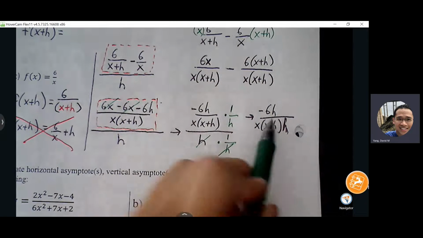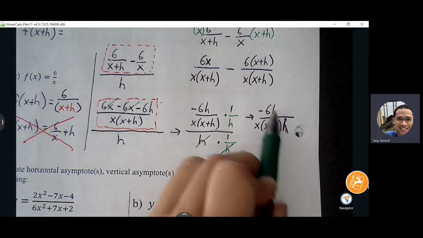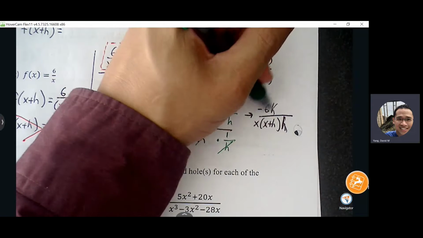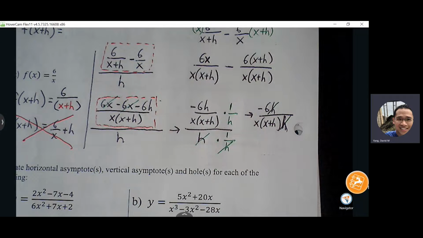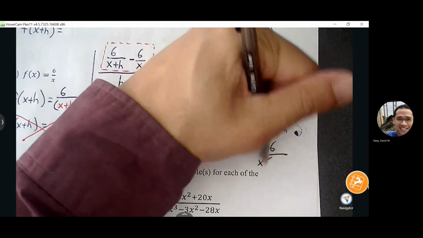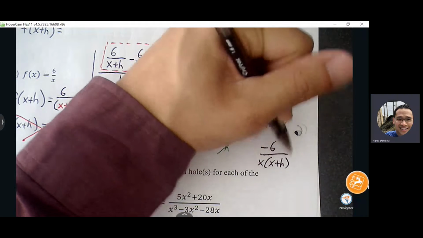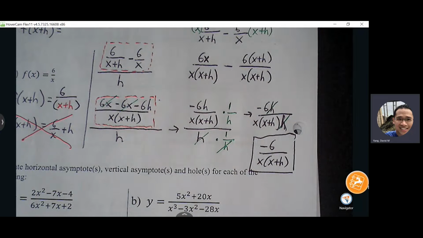Now, if there was an h plus 2 or anything that's added or subtracted with these h's, then we can't cancel out. But we can cancel across division, multiplication. So that allows us to clean up to this point. We typically like to leave something in factored form. You can expand the denominator, but this is perfectly fine.